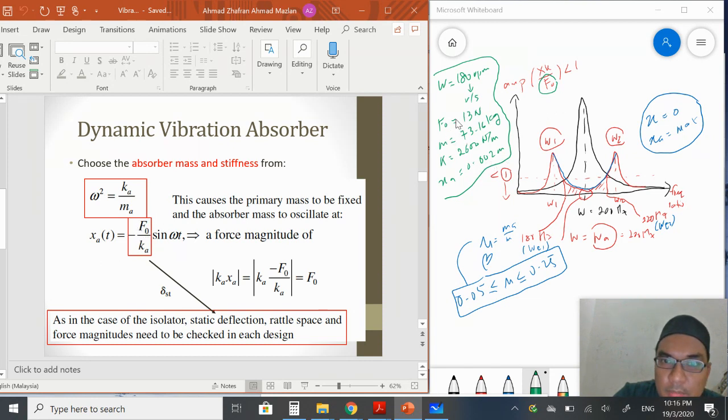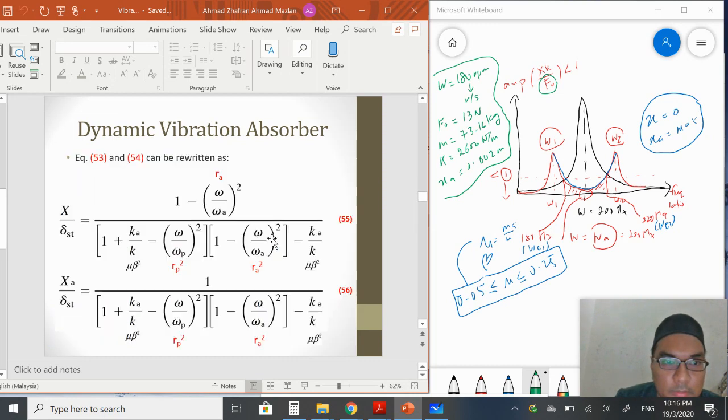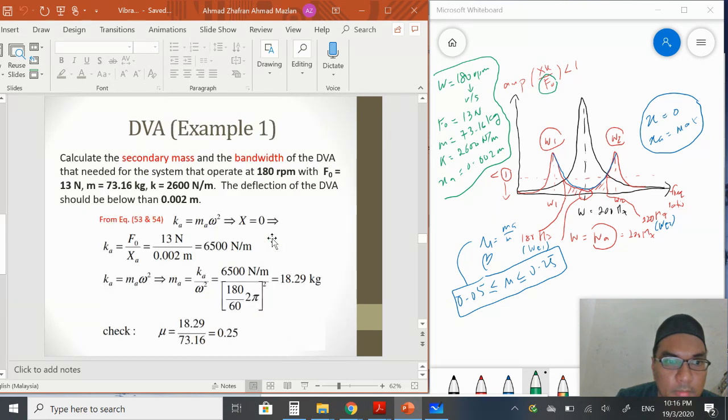Now you can calculate the KA. You are already given the maximum deflection XA and F naught, the amplitude of the excitation force, and now you can calculate KA. So now you have the value of KA. This is K, and KA is equal to 600 and 500 Newton per meter.